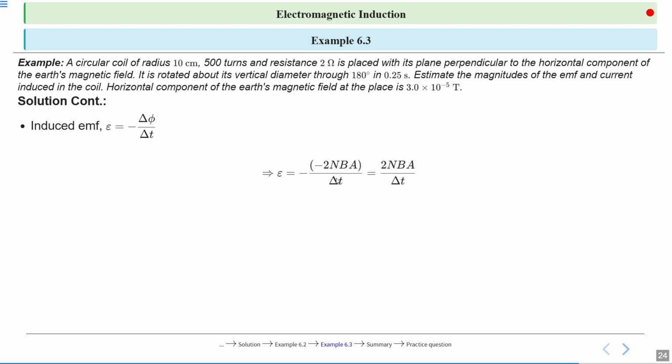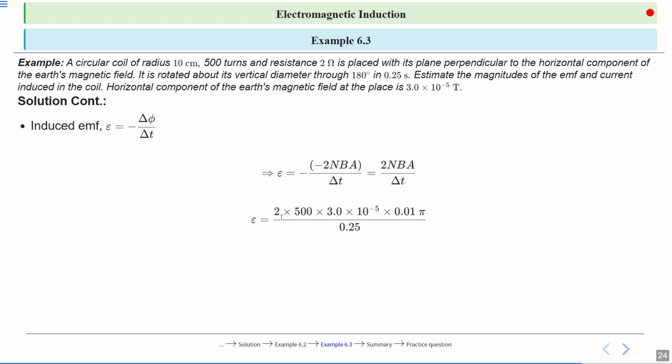Okay, so then magnetic flux would have been 2BA if we wouldn't have used n in the magnetic flux expression. Okay, then we have to multiply n in this expression, but we have used n in the magnetic flux equation, so we don't have to use it here again. So it will come eventually here.